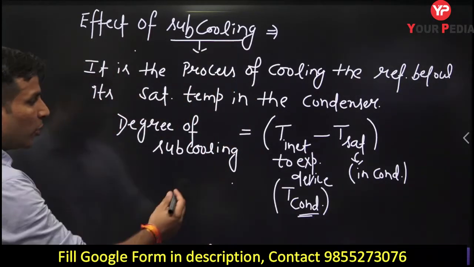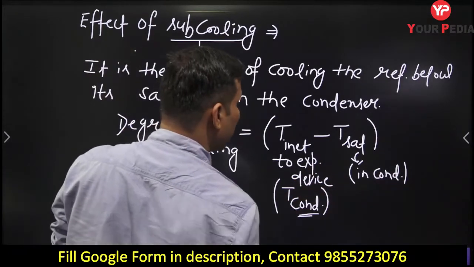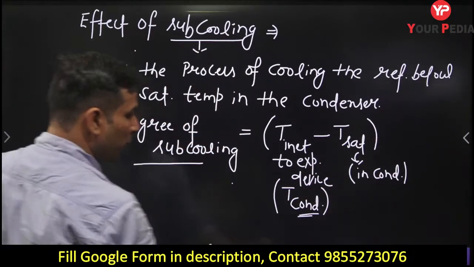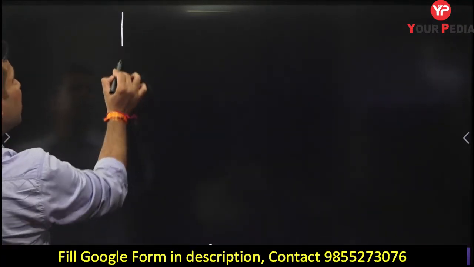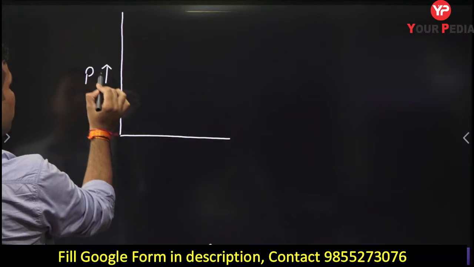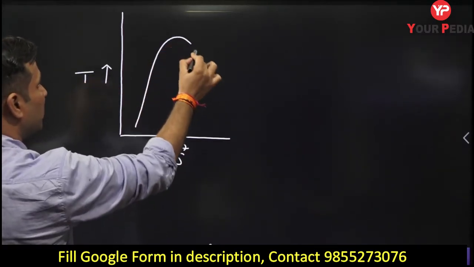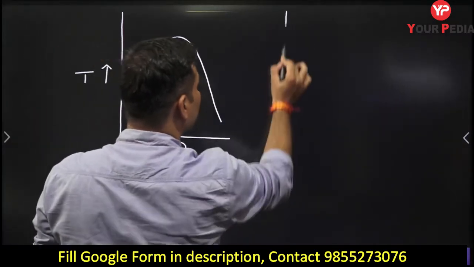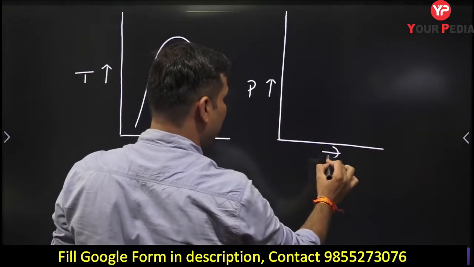So actually degree of subcooling means inlet temperature to the expansion device minus T saturation in the condenser. This is known as degree of subcooling, and here if you show it on the PH and TS diagram, let me show it for you. So this is the TS, temperature versus entropy diagram, so you will have a symmetric curve, and then you can show it on the pH diagram also, pressure versus enthalpy diagram.